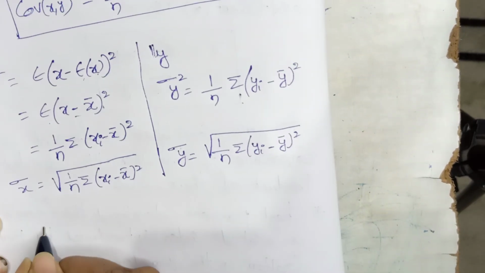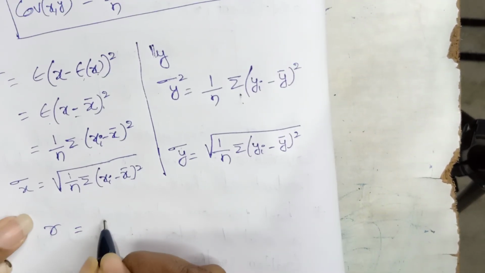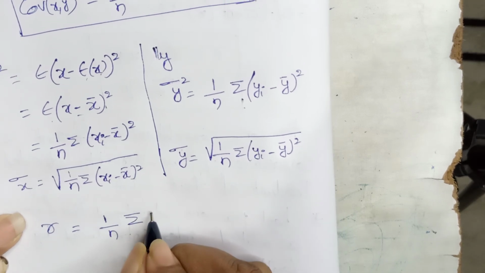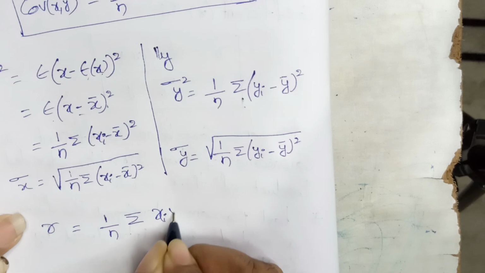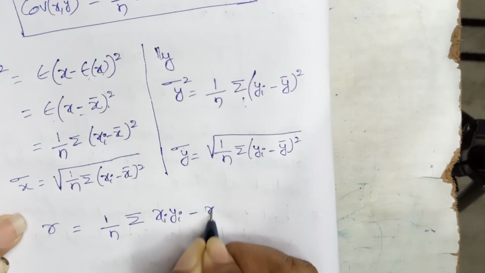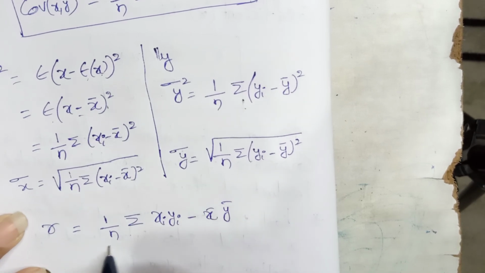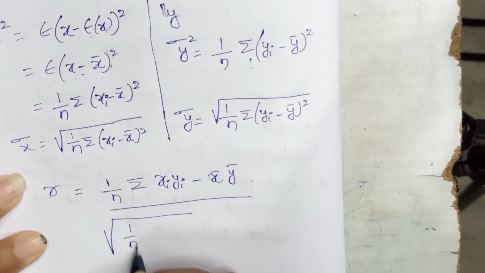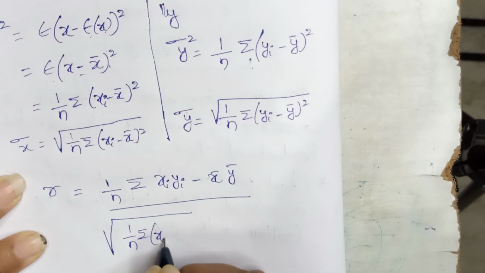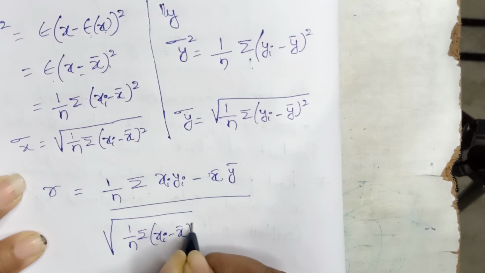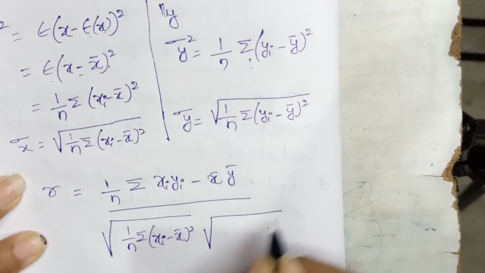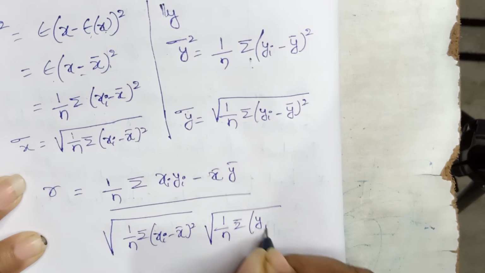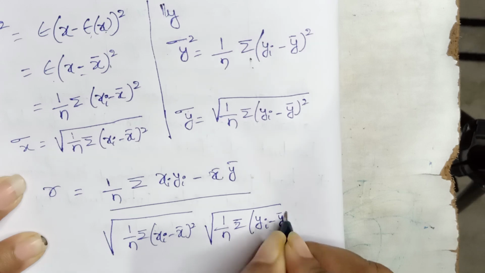So that means r equals covariance in the sense what? 1 by n summation xi yi minus x bar y bar whole by square root of 1 by n summation xi minus x bar whole square, again square root of 1 by n summation yi minus y bar whole square.